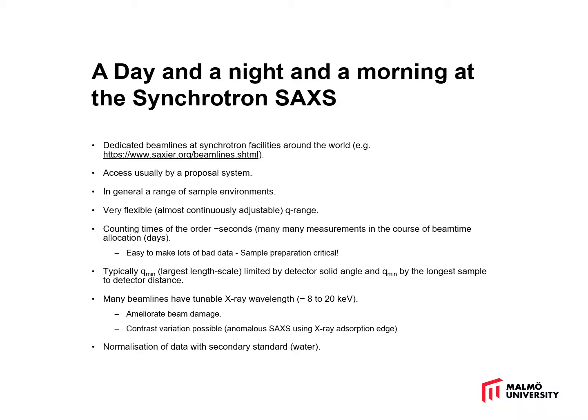Beam damage is always a problem, and one might be tempted to go to the higher energies to avoid beam damage. In some cases, it's possible to do certain kinds of contrast variation experiments with anomalous or energy-dependent SAXS. If you're interested in that, you can Google it or even ask me. Generally, the data is normalized to a secondary standard, that is water.